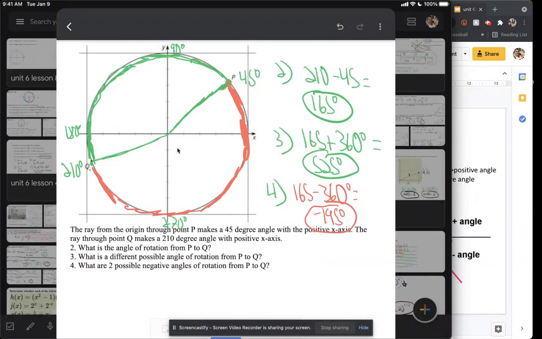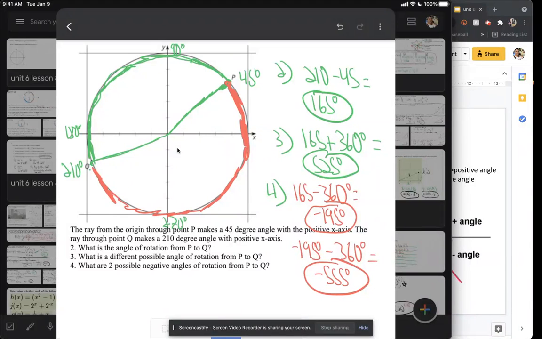So starting at P and going 195 degrees clockwise, okay, I could also take negative 195 and subtract 360 again. Okay, what would I get if I subtracted 360 again? I would get negative 555 degrees.